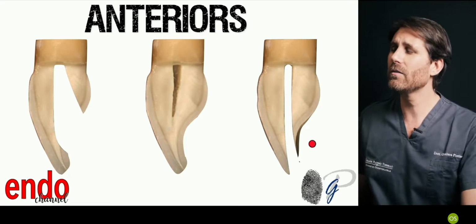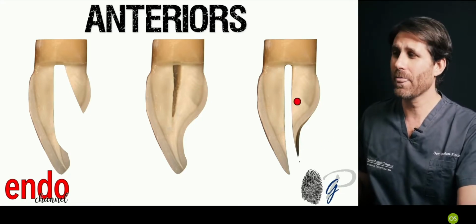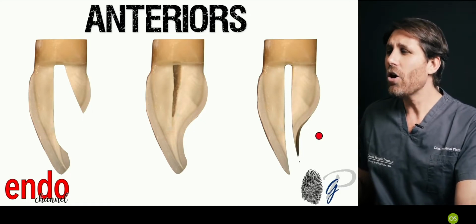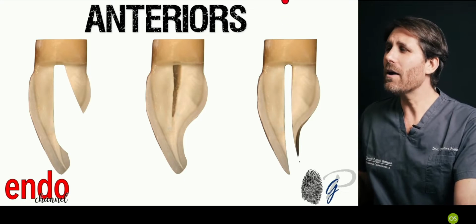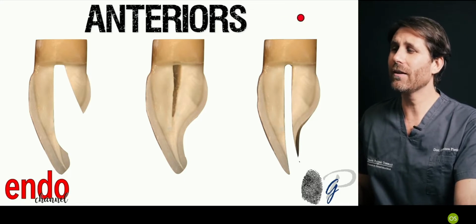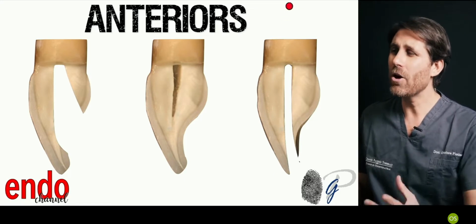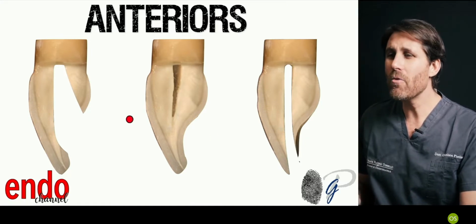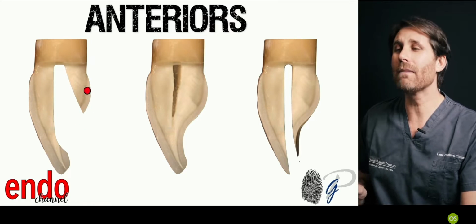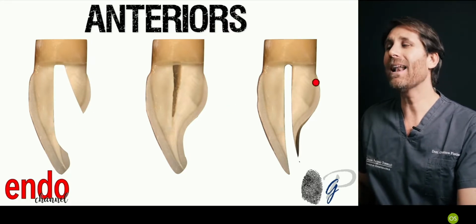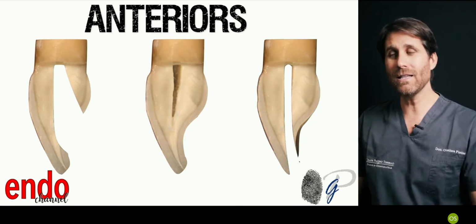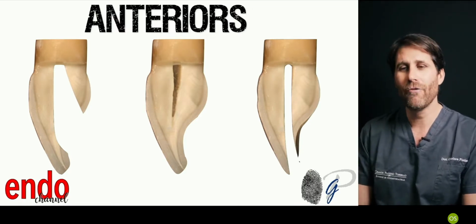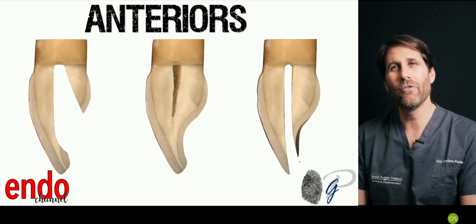We don't want to go into the palatal aspect of the tooth with the burr, because it's not needed: our instruments should go inside the tooth with a straight line access with an orifice directed orientation. And without removing this part of the tooth, we can maintain all the palatal part of the crown, which is very important for the maintenance of the strength of the tooth.